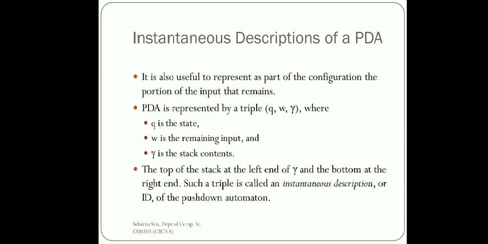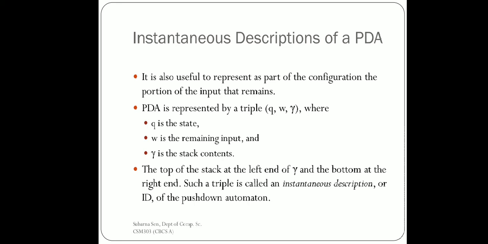Among the stack contents, there may be various symbols that we have already pushed into the stack. There may be something which we are dealing with, and the rest is that part of the string which we have not processed yet, and that is stored in W. Fine. The top of the stack is at the left end of lambda and the bottom at the right end, which is very easy to understand.